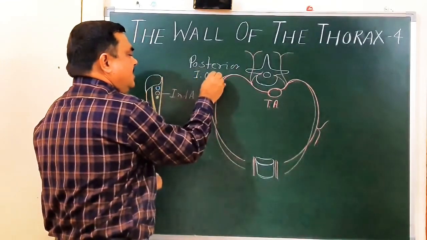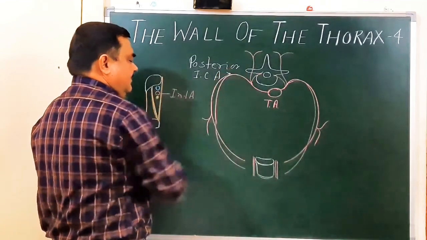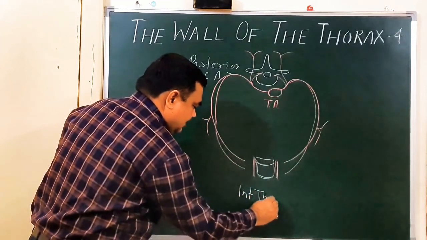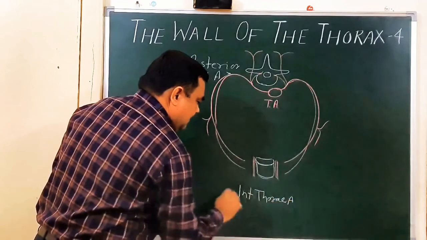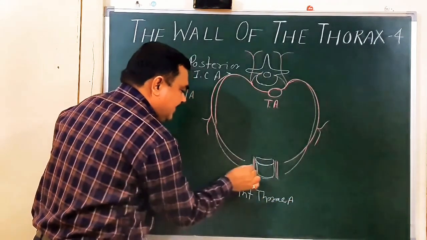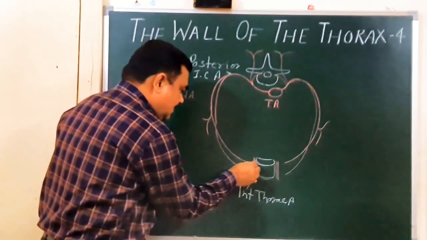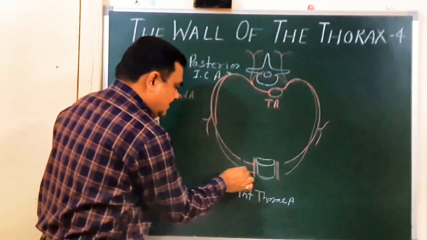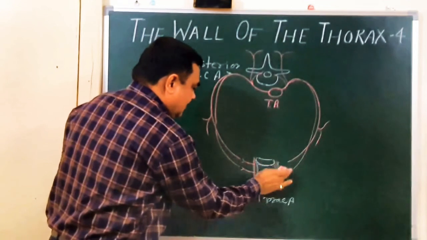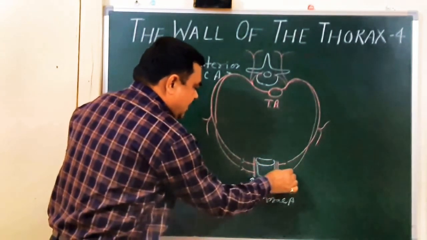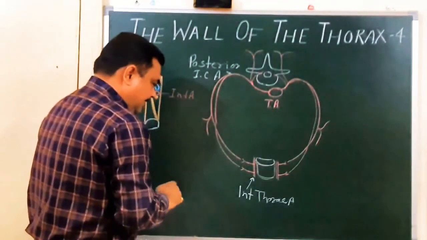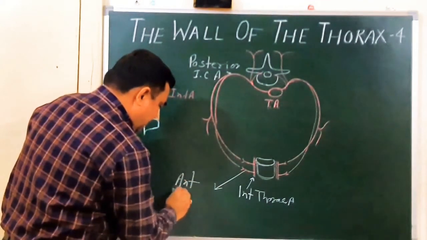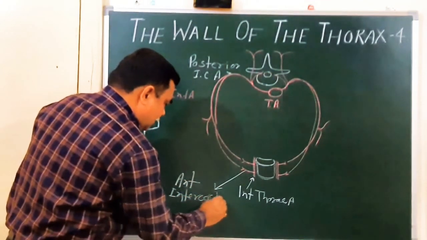The internal thoracic artery gives these anterior intercostal arteries.